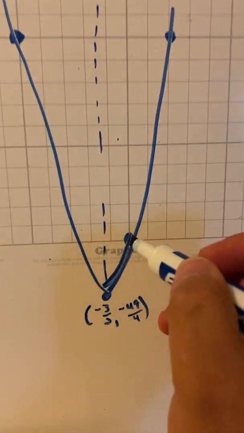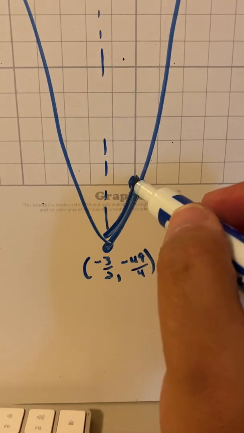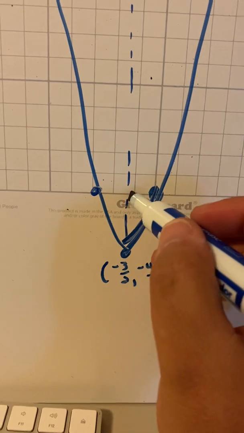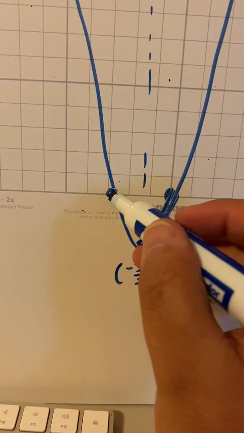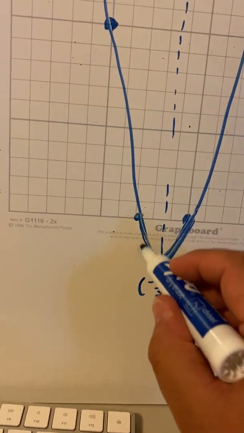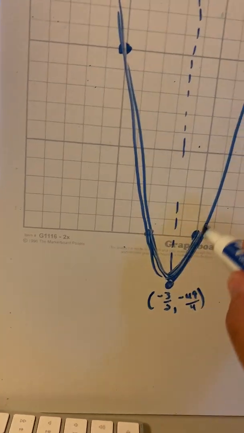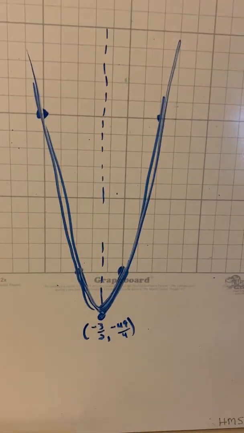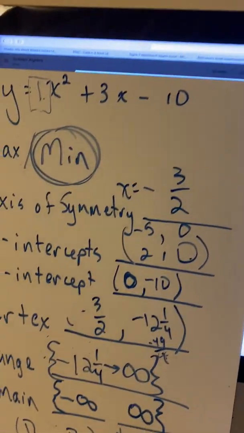Now, something else you probably will notice is my vertex matches up pretty much over here, the same distance, 1.5, 1.5 over, and it should open up the exact same way. My drawing's a little cruddy, but it looks like that. That's how you graph a parabolic curve from the quadratics.